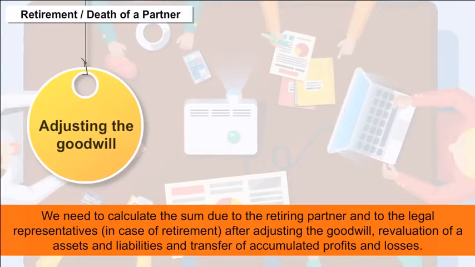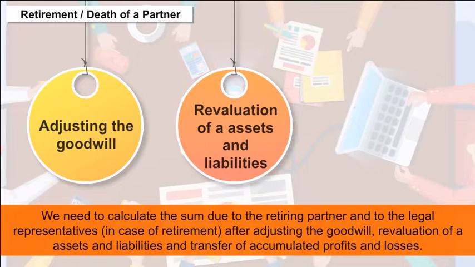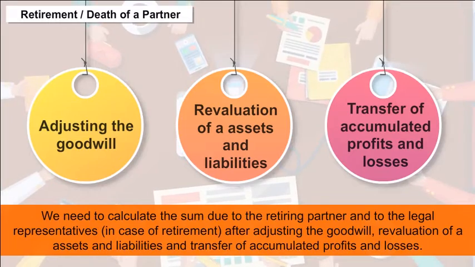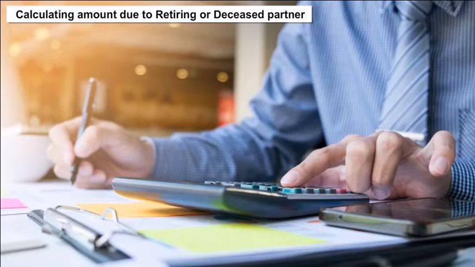After adjusting the goodwill, revaluation of assets and liabilities, and transfer of accumulated profits and losses, we calculate the amount due to the retiring or deceased partner.